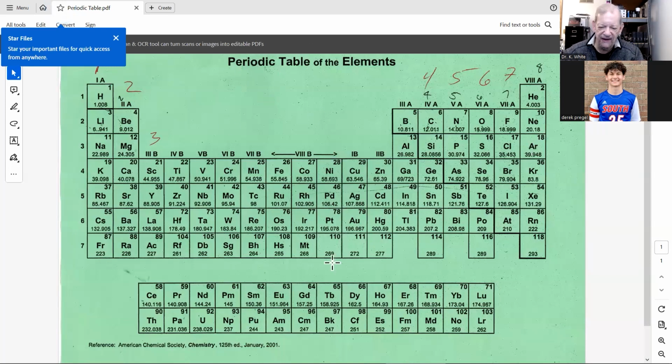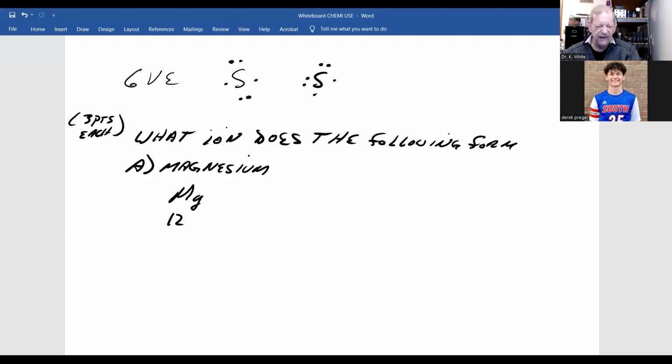So what does that mean? Magnesium has 12 protons and 12 electrons. And it wants to go to magnesium with 10 electrons, the same number of electrons as neon, but it doesn't lose protons. Each proton is a +1 charge times 12 is +12.